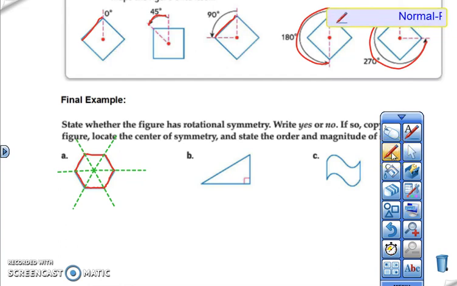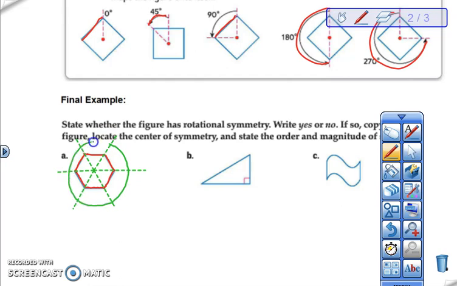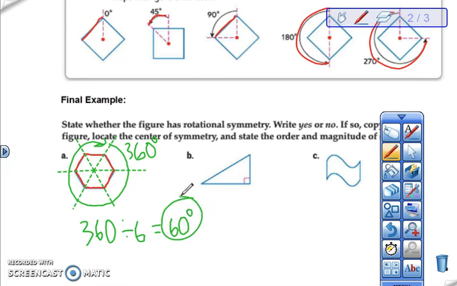We also know that if I start at one point and rotate all the way around, that's a full circle, so 360 degrees. Well, each of those 6 sections is equal. Divide that 360 by 6, and that tells me I can rotate 60 degrees to get the same figure.